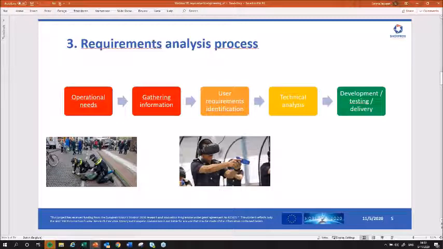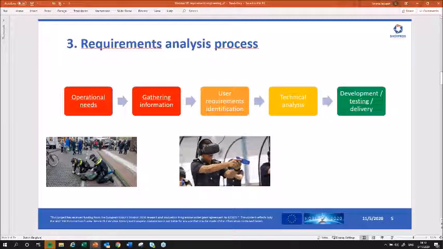But roughly, we set up this process which starts from certain operational needs, so observations in the field that something is not going as it should be, or that there are some issues or some problems, and then all the way to the actual development and delivery of a system that can help meet those needs or alleviate those needs.